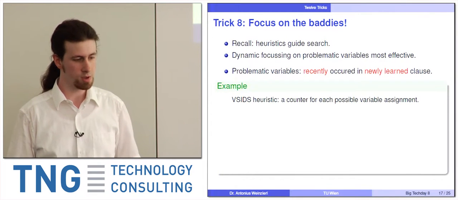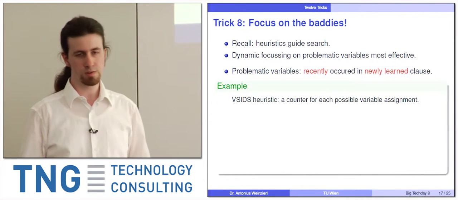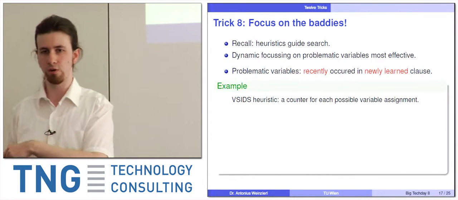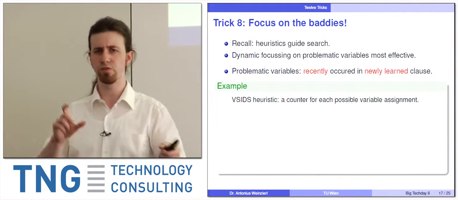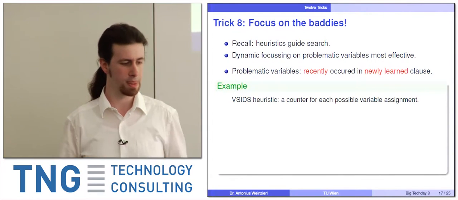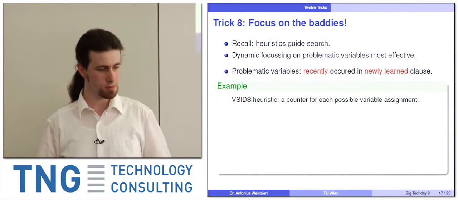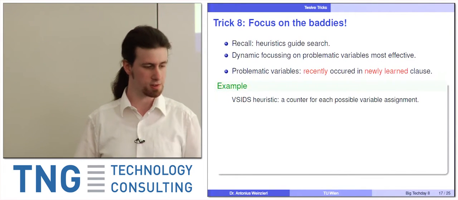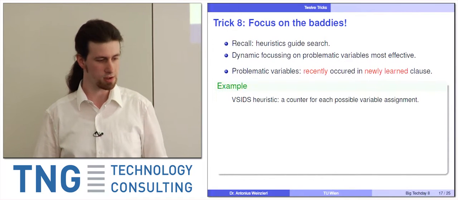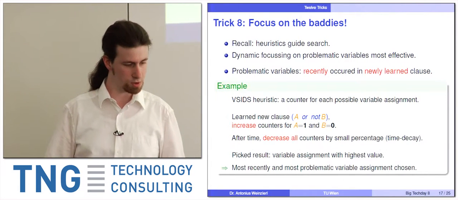A problematic variable is one which occurred recently in a newly learned clause, because it has something to do with some mistake that we made. So one of those heuristics is called the VSIDS heuristic, and I'd like to show you how this works.